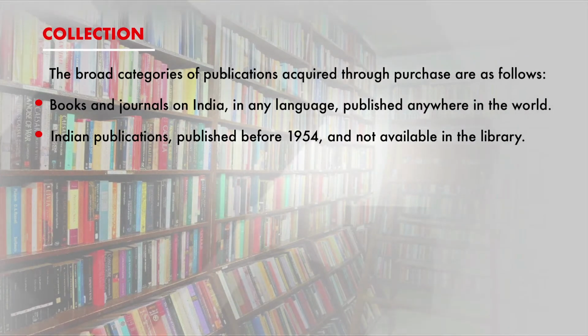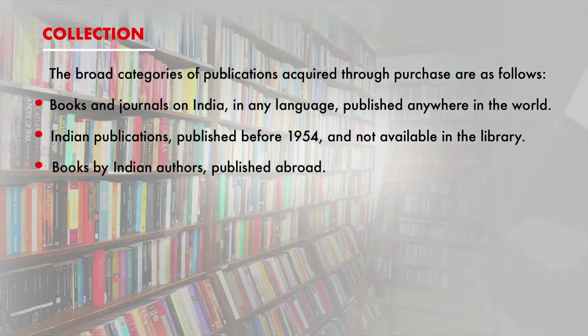Because in 1954 the Copyright Act was enacted. So before that, the National Library was not getting free copies of all the publications published in India. So our National Library has to purchase the resources published before 1954.